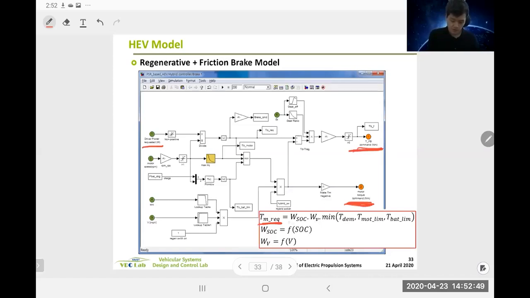It will be determined by this function, where WSOC and WV are weighting functions, and we're going to select the minimum of torque demand, maximum motor torque, or maximum battery torque, meaning the maximum torque that the battery can provide.